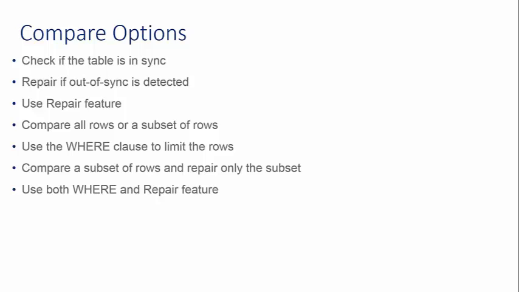If you want to automatically correct any out of sync that the table may have on target, then issue the repair command. The compare and repair command by default will use all rows on source and target. If you want to limit the number of rows, then use the where clause in your compare and repair syntax.